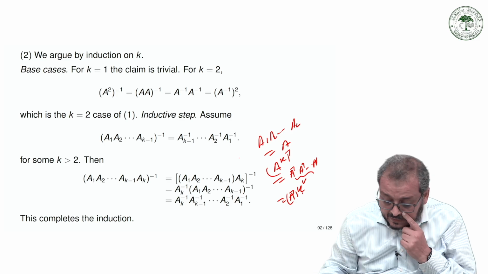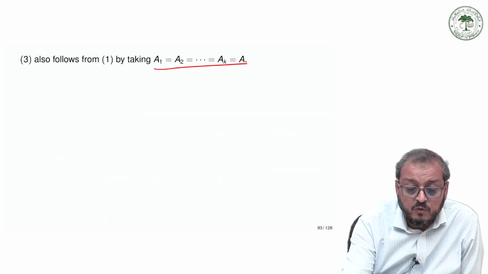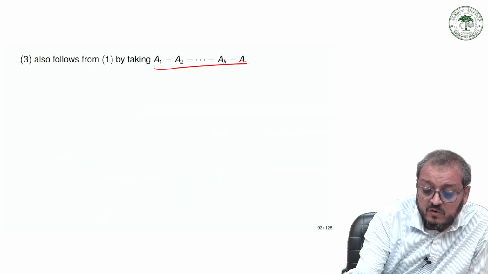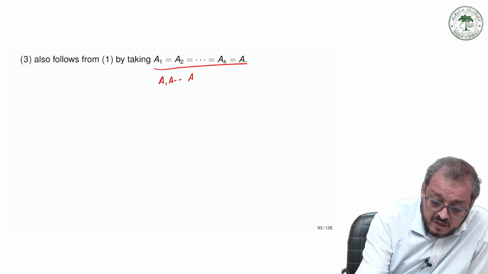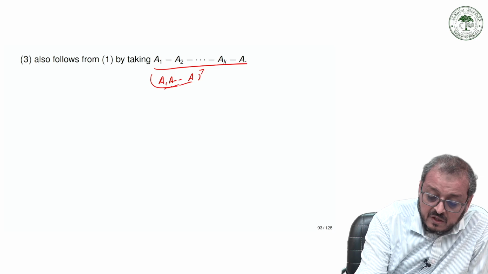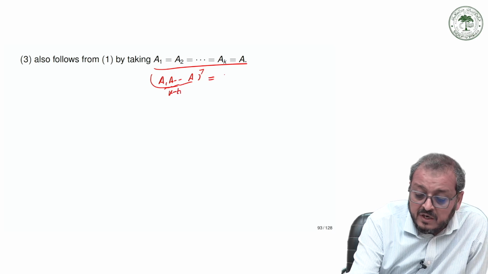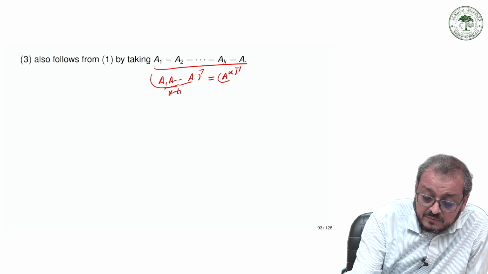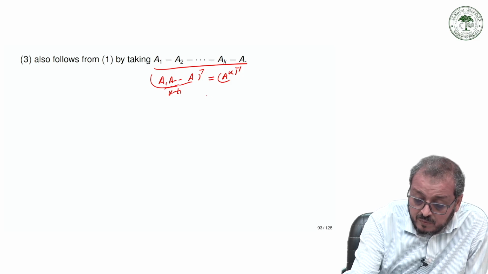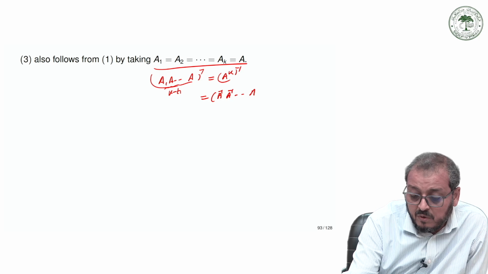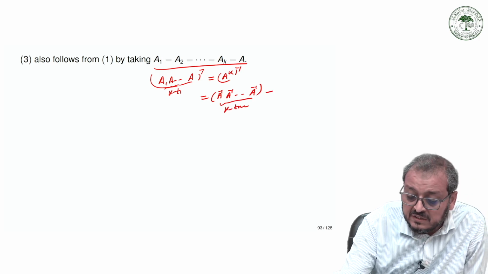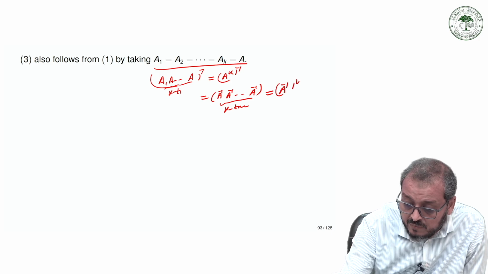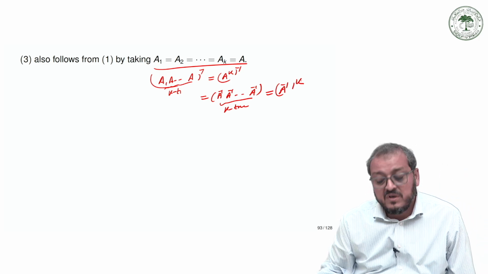To prove this, we take a1 a2 up to ak, each a, so this is equal to a to the power k inverse, and then by the property this can be written as a inverse up to a inverse, k times, which is (a inverse) to the power k. So this proof is complete by the previous result.